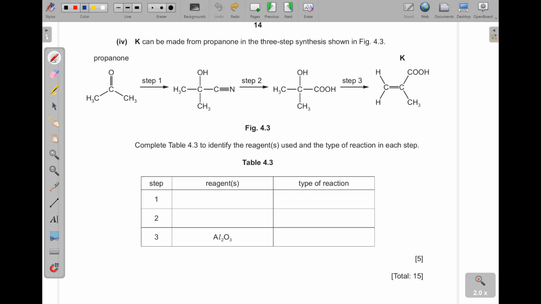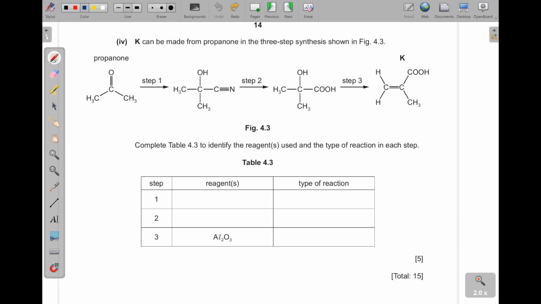So they put maybe dilute HCl to give you this one here. And then from there, now there is an OH here, then a carbon here which has a hydrogen has to lose one hydrogen, and then we are seeing an alkene here. So that simply implies that to convert an alcohol to an alkene, we can use concentrated sulfuric acid, or we heat this one with aluminium oxide. Okay, so that is that.